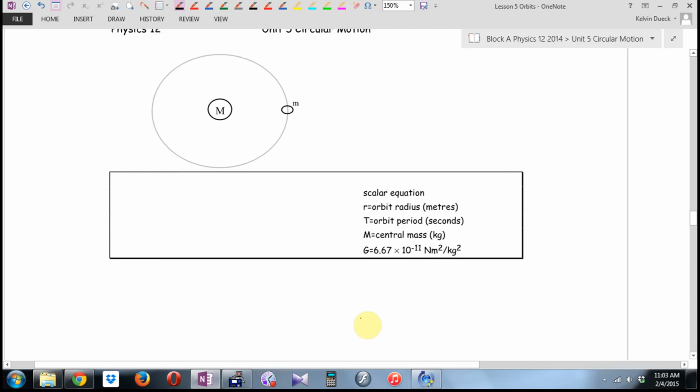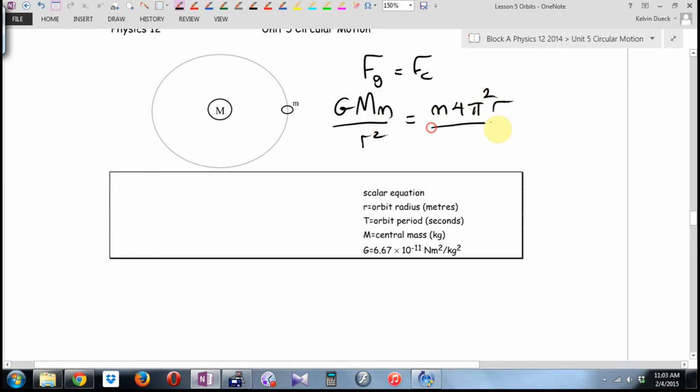So if we want the equation that relates period and orbit, we said it was Fg equals Fc: big G, big M, little m over r squared equals m 4 pi squared r over T squared.